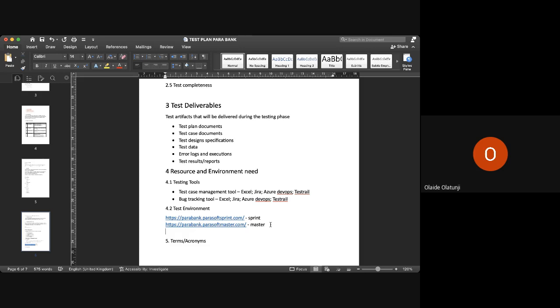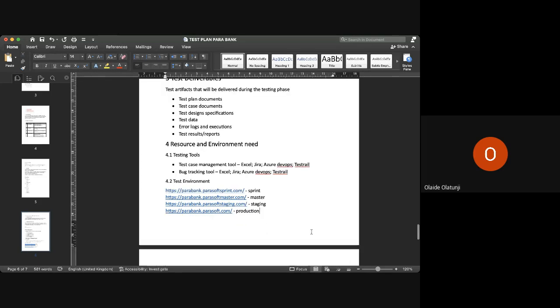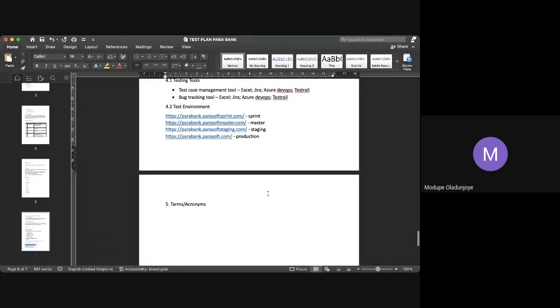Do you understand what I'm doing? Yes. All these things are possible test environments. Staging, then production. Do you understand? Yes. Yeah, so this is much better.